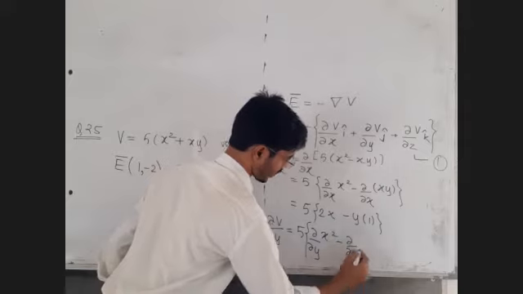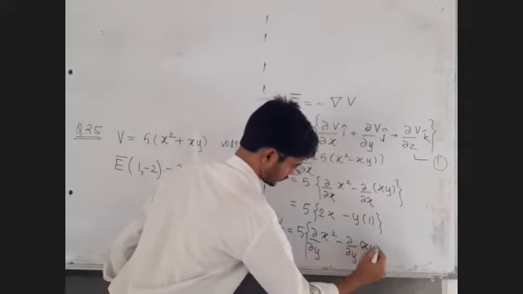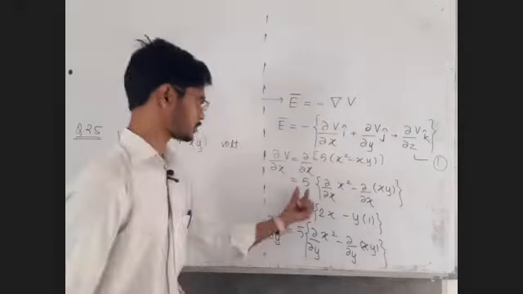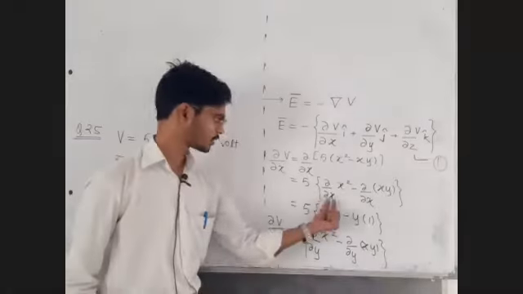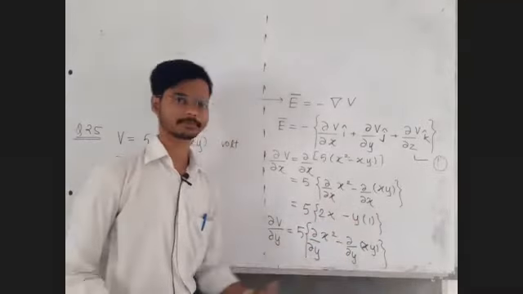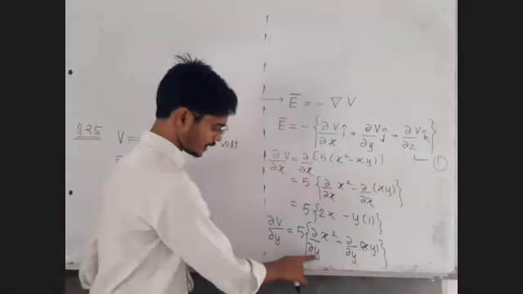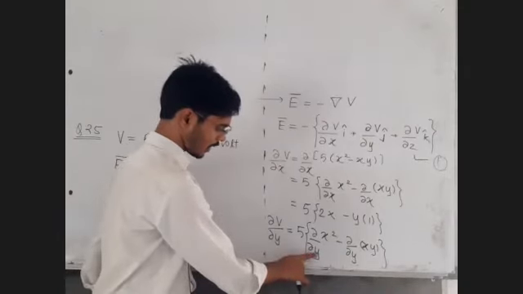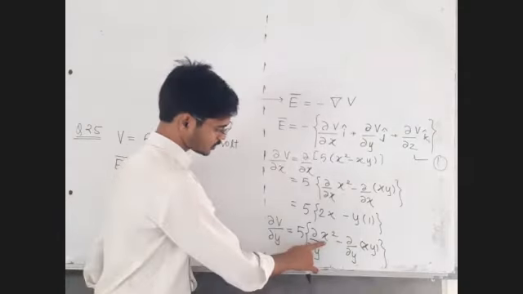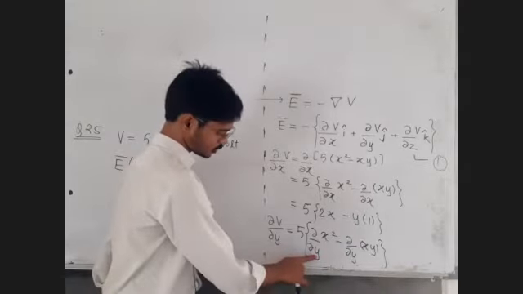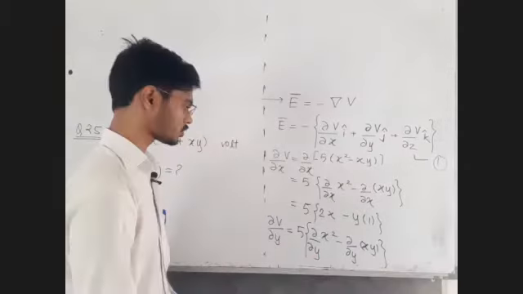This step is going to be repeated every time, but instead of x there will be y. Let us do the smart work, no need to write it again, just change x to y. Dou by dou y of xy. While taking the partial derivative with respect to y, x will be treated as a constant, and the derivative of a constant with respect to y is equal to 0.